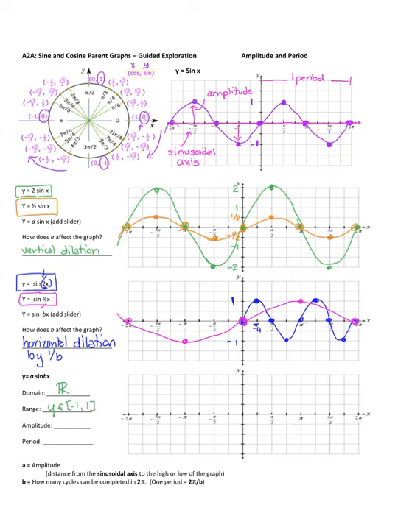It'll never go above or below unless you do some sort of a translation or dilation. The amplitude, the basic amplitude of the parent graph is 1, always positive. We'll talk about when you are flipped over, that would be a reflection. And the basic period in radians will be 2 pi.